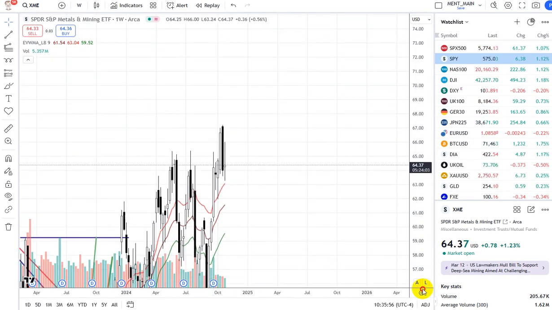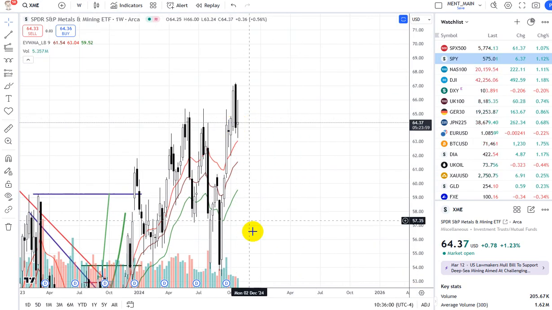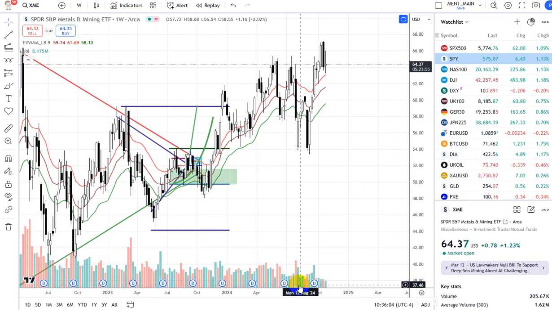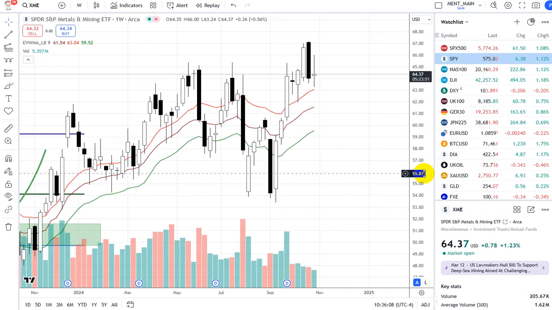So we had that big move, 64.37. In an uptrend, you can see pulling back last week. This is the current week's data. So we had 64, 63.